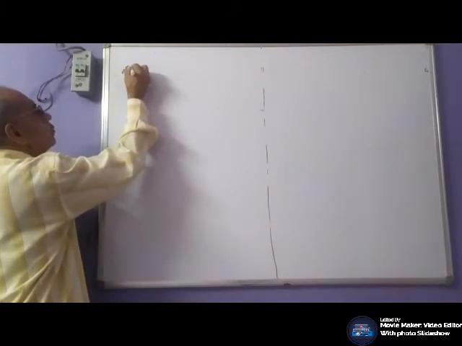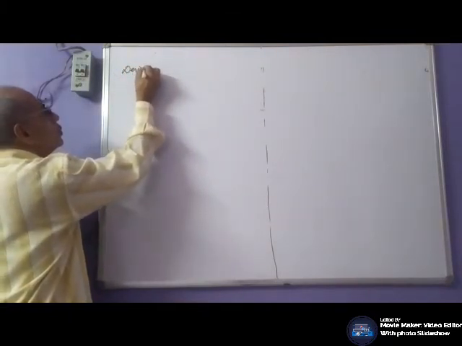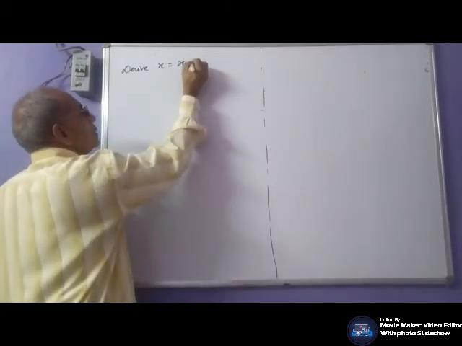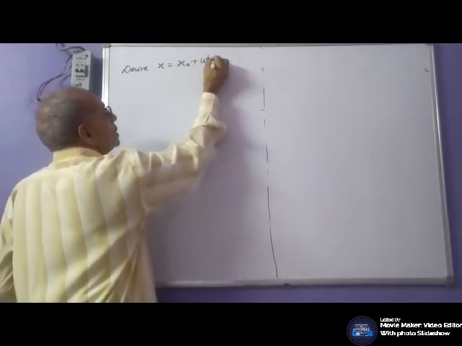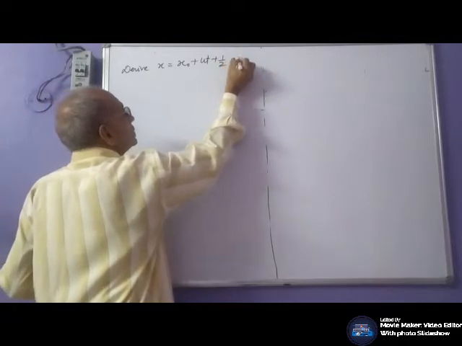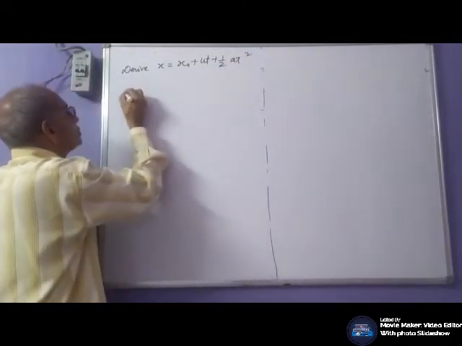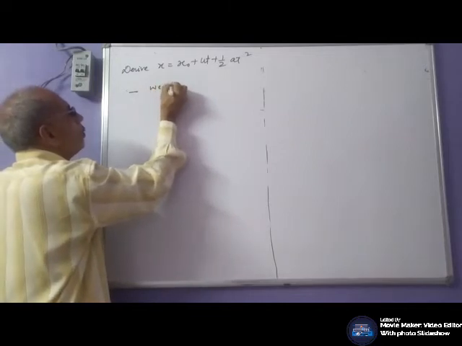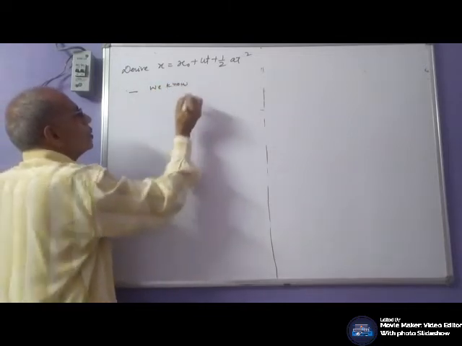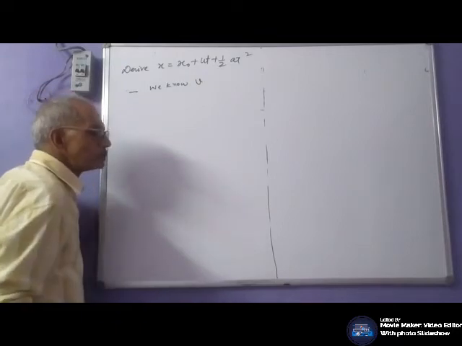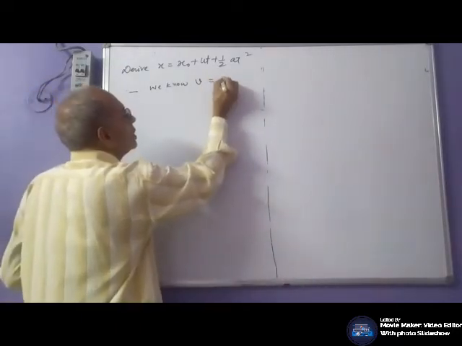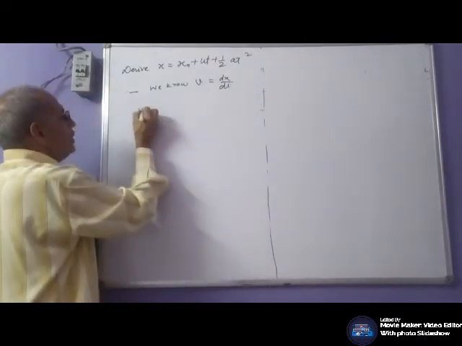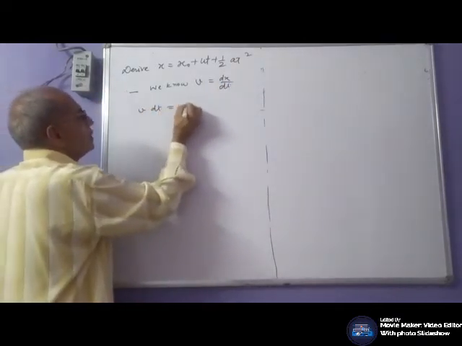Derive x = x naught + ut + half at square. We know v = dx by dt, v dt = dx.